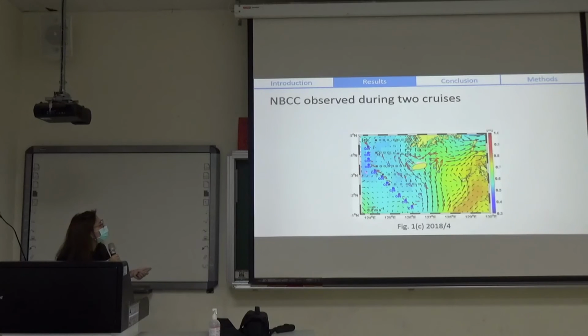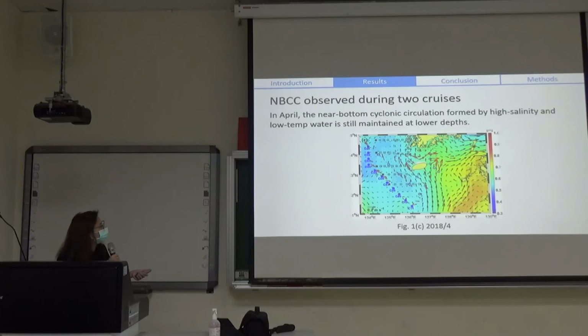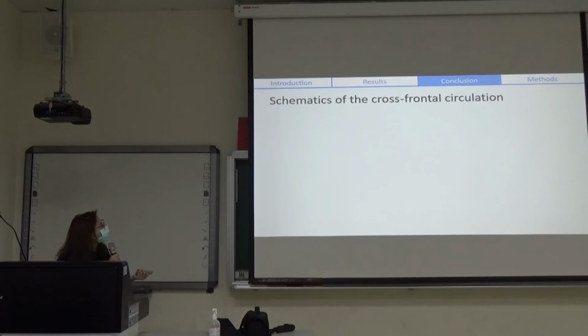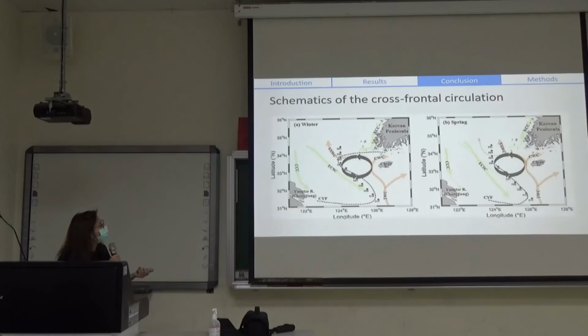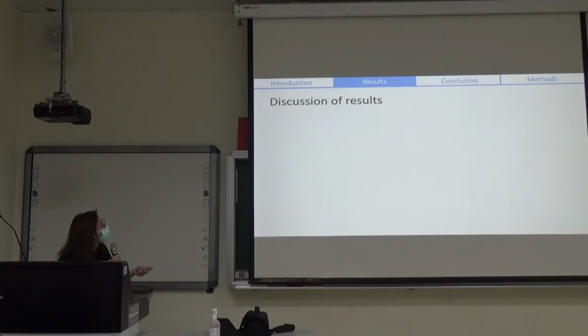And although the front is retreating eastward, we can also observe the near-bottom cyclonic circulation at the lower depth, as the red arrow shows. Based on the previous slide, we made the schematics of the near-bottom cyclonic circulation in winter and spring.